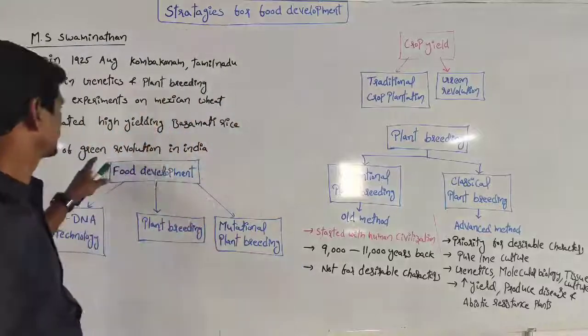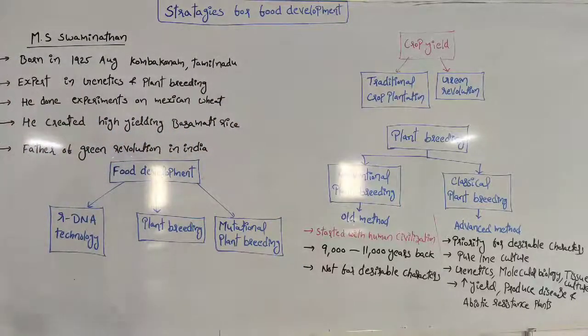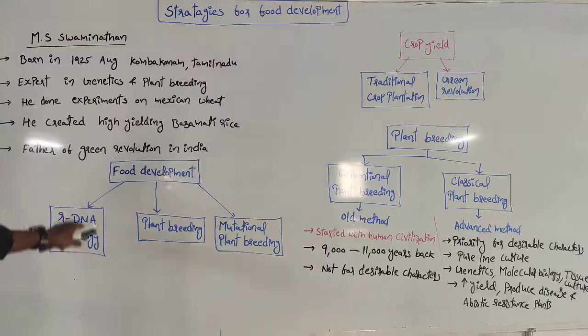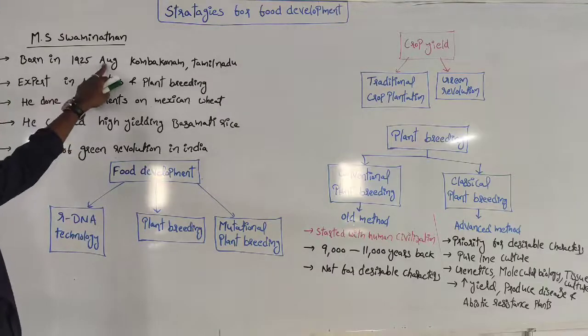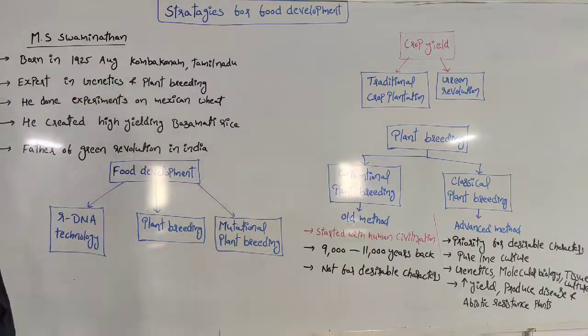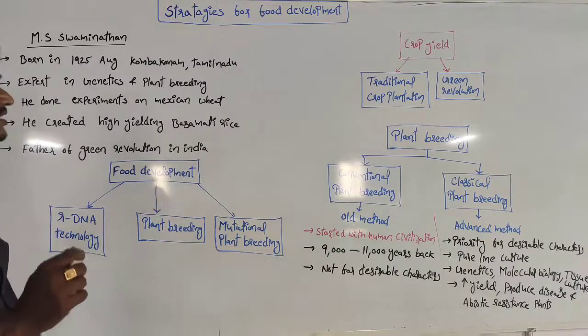But the best scientist in India, M.S. Swaminathan, did enormous research regarding plants and their products. That means whatever crop plants and crop yield there are, he did research on them. He was born in August 1925 in Kumbakonam, a place located within Tamil Nadu.